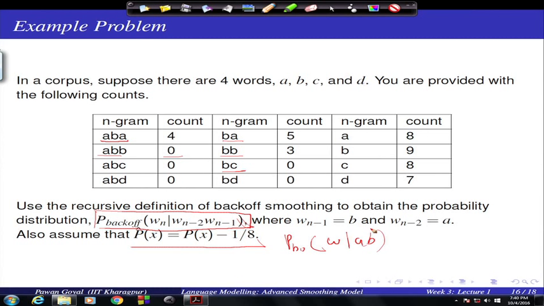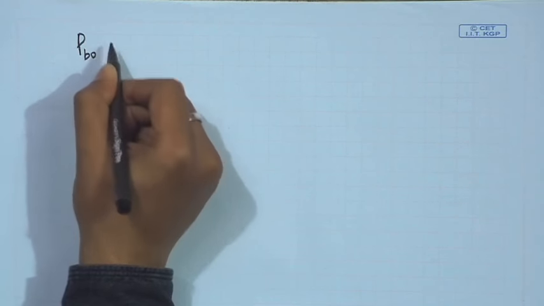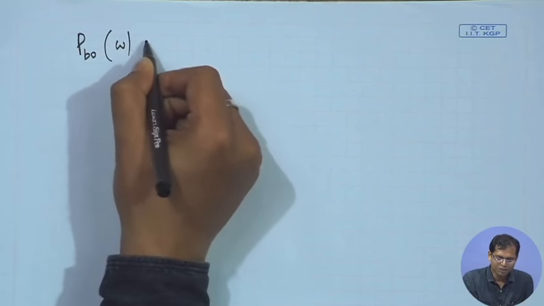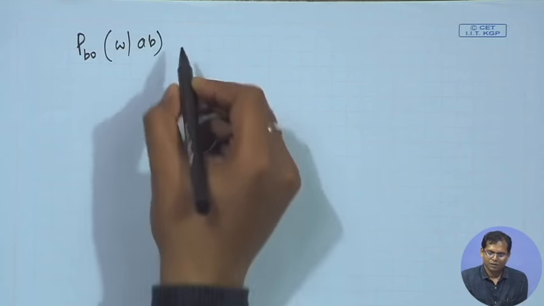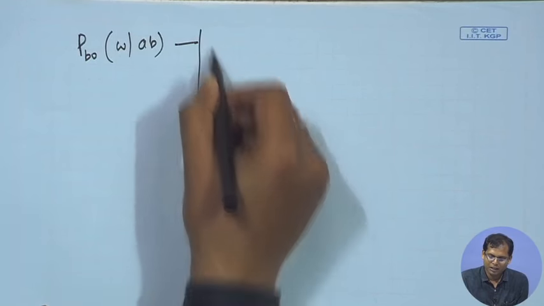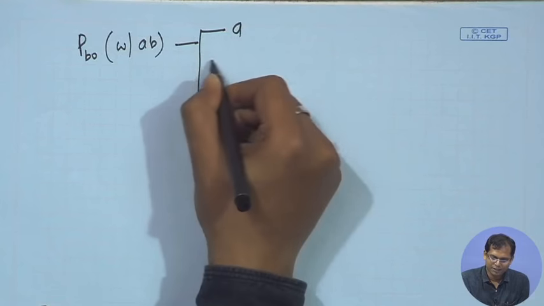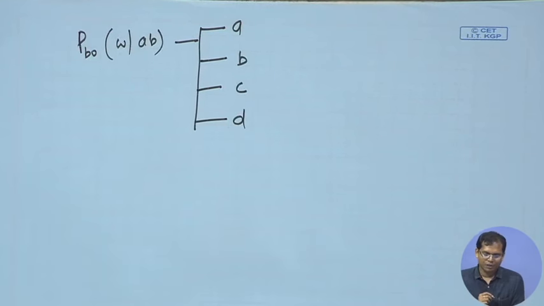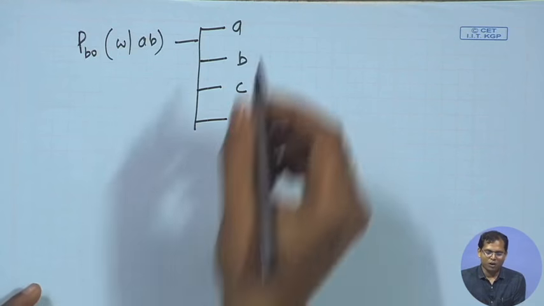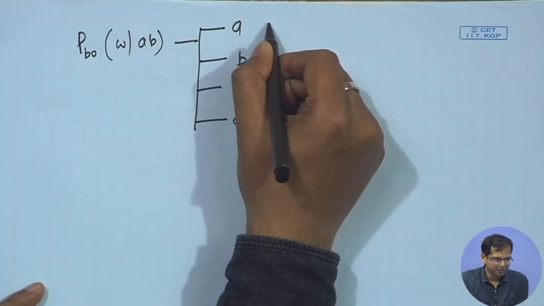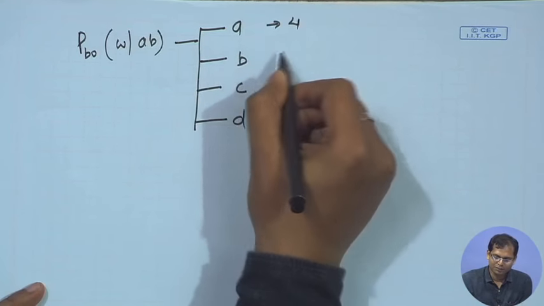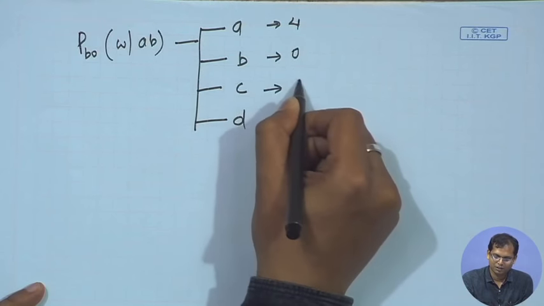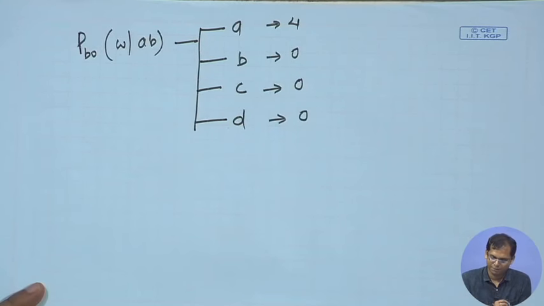I want to find the Backoff probability of W given AB, where W can take A, B, C and D. From my table, the counts are: A occurs 4 times, B occurs 0 times, C occurs 0 times, D occurs 0 times.